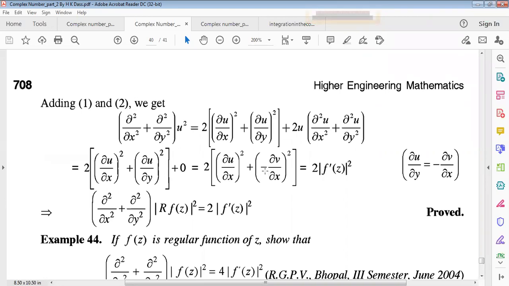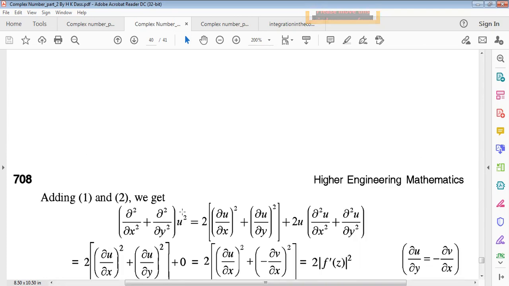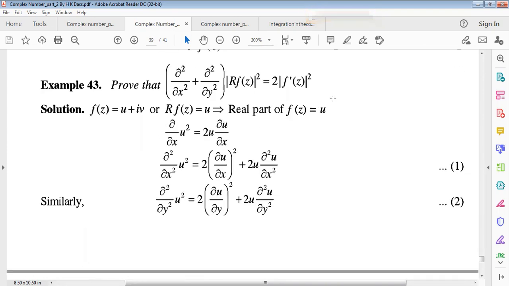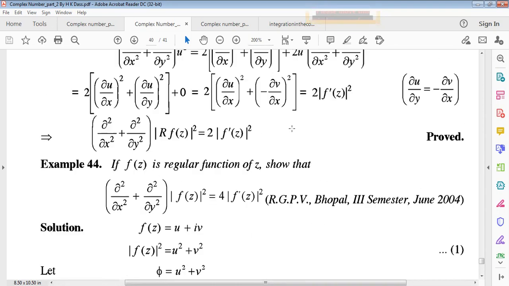So ∂u/∂x whole square plus ∂v/∂x whole square, according to the definition of derivative, is f dash z, the absolute value of it, because of the square. And ∂²u/∂x² plus ∂²u/∂y² is the real part of f(z) whole square, because all are u. And u square equals the real part. So 2 times |f'(z)| whole square. This is actually the result for you.